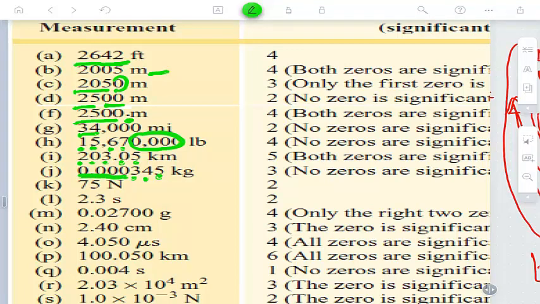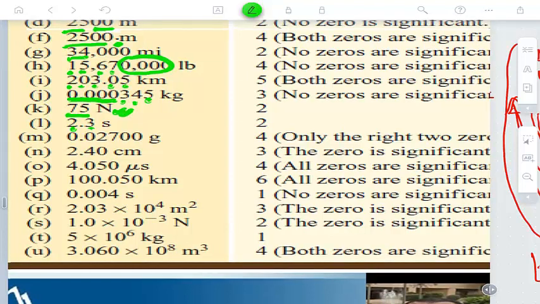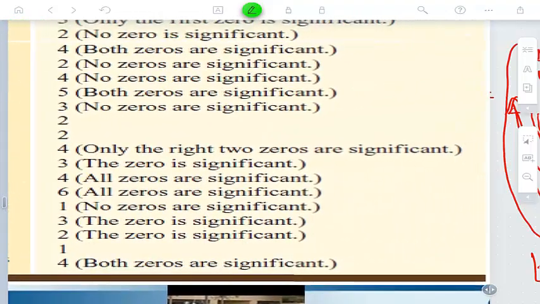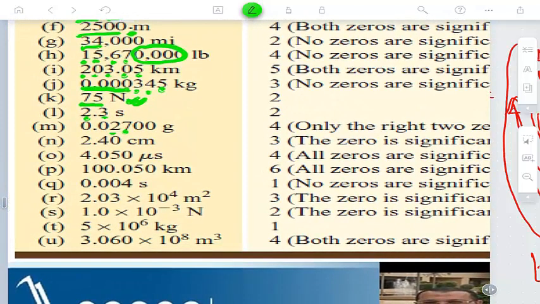What about this? 2 significant figures. Why? Because it's specific. Okay. What about this? 1, 2 normal, because we have a decimal. What about this? 1, 2, 3, 4, because the right two zeros are significant, so we count them, but the left hand side we don't count.